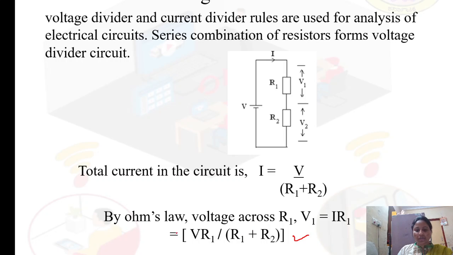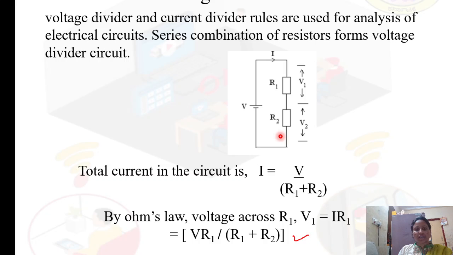Here, V1 is equal to V into the same resistance R1 by R1 plus R2. Similarly, V2 is equal to V into R2 by R1 plus R2.